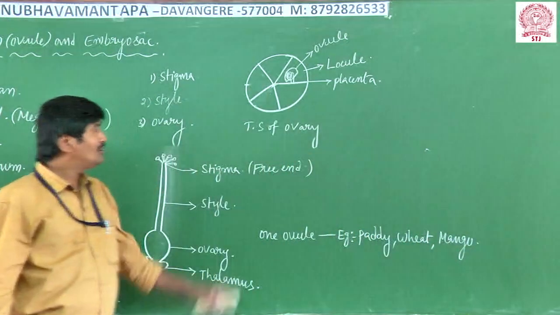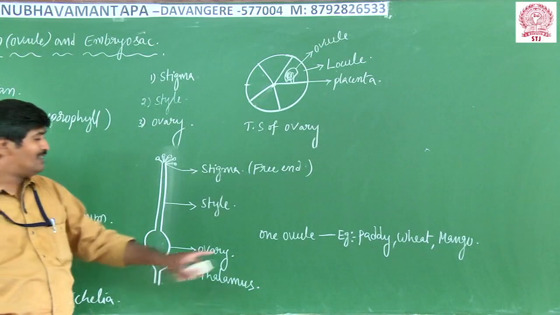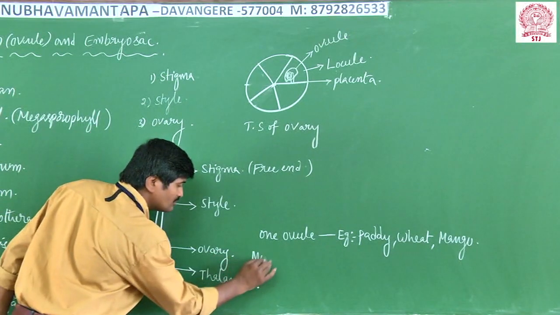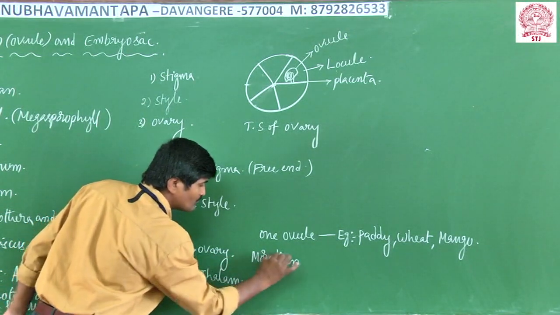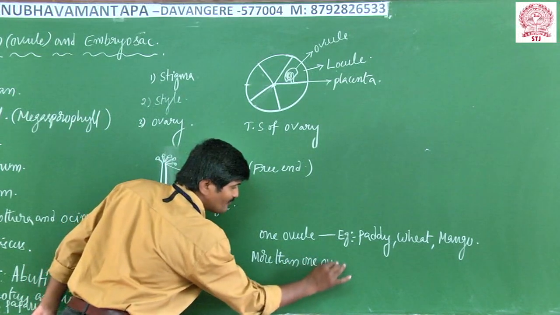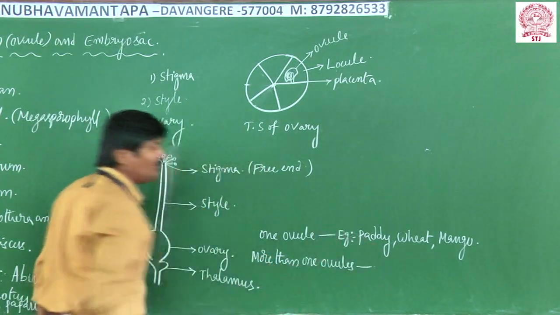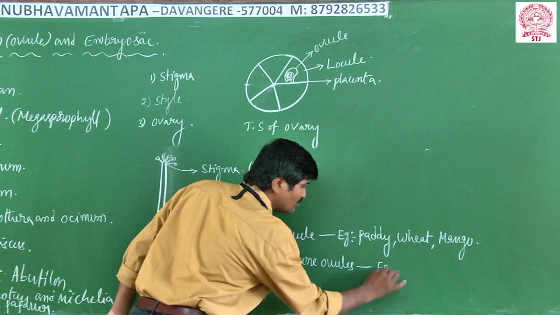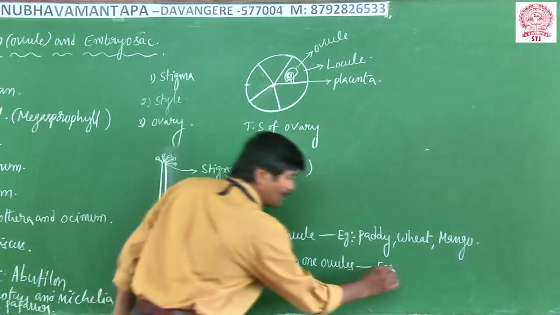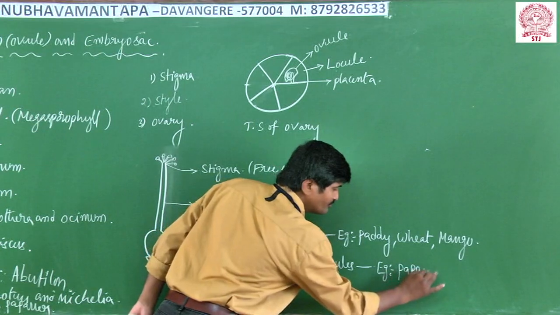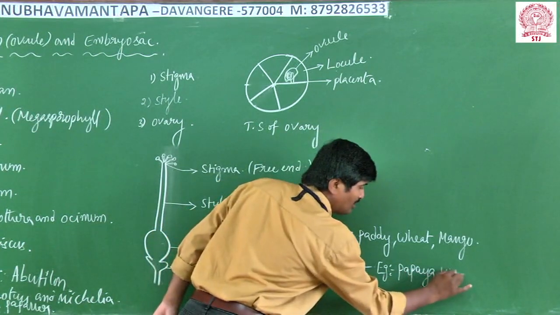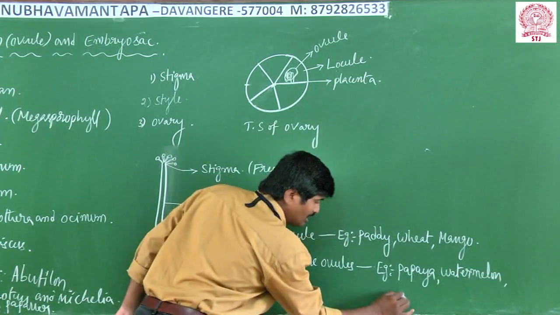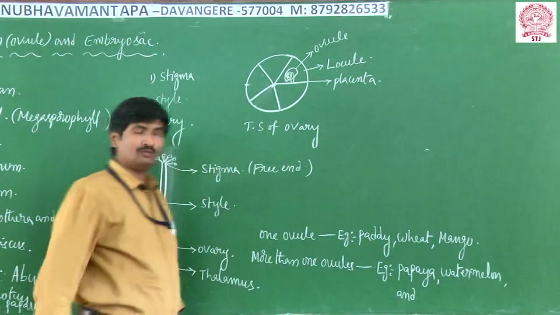These are examples where one ovule is present inside the ovary. Where more than one ovule is present inside the ovary, examples are papaya, watermelon, and orchid.